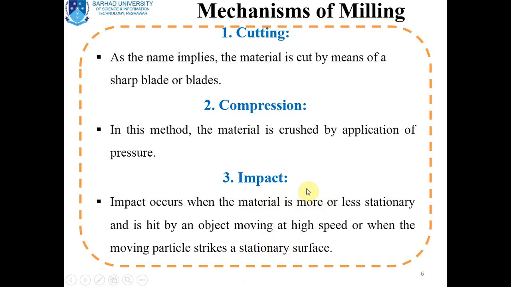So there are two cases: the first is that the material is more or less stationary and is hit by a high speed moving object, and the second is that the particles are moving and strike a stationary surface.